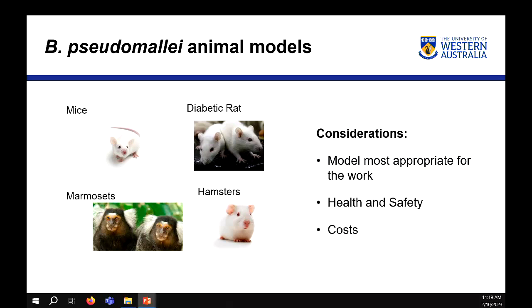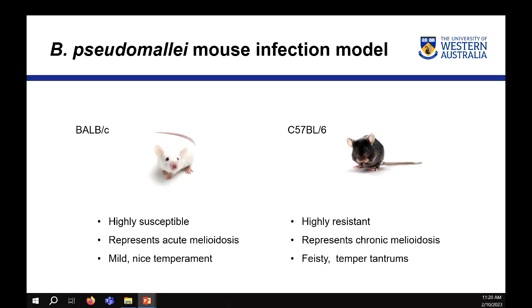So you have to think about personnel safety. When you're going into an animal model, you use injections, you're cutting up the animal, so there are sharps around, and you need to be really careful and have really good, strong safety practices. So the mouse infection model of Burkholderia pseudomallei, there are two.